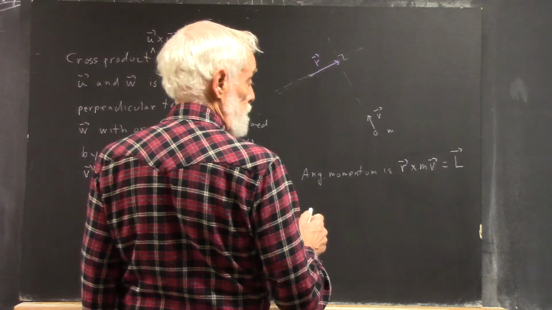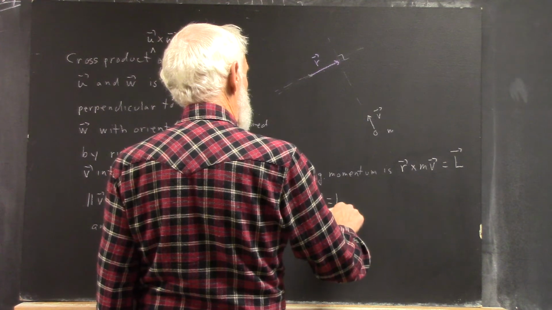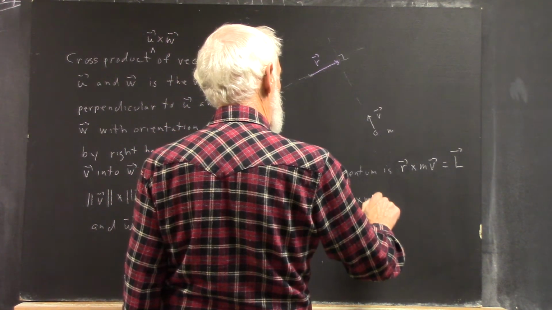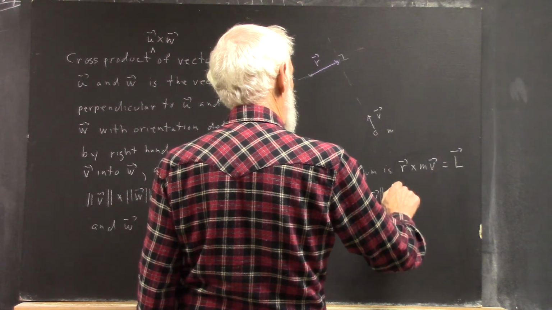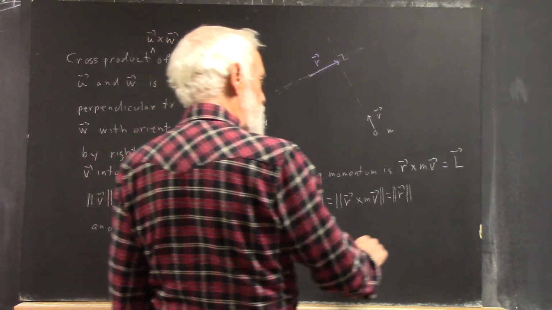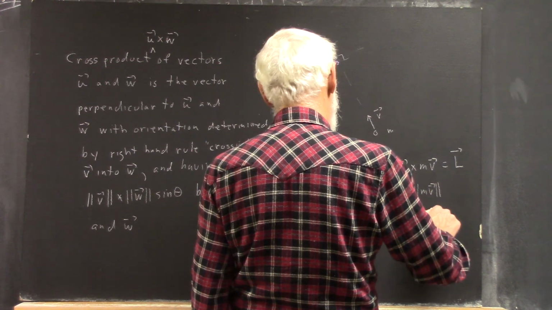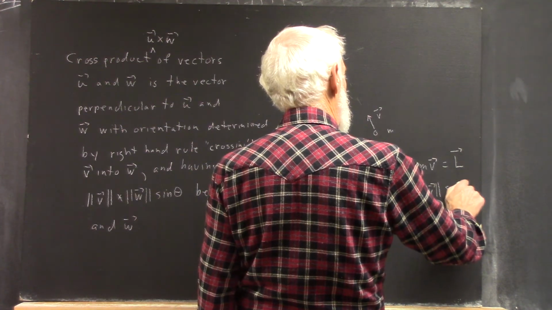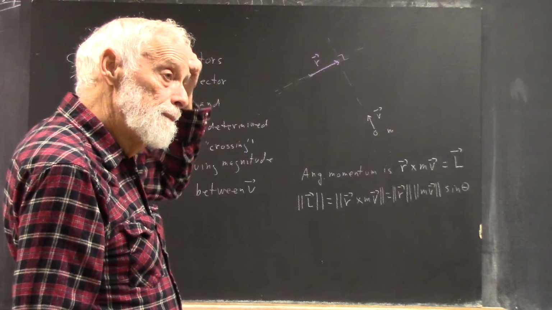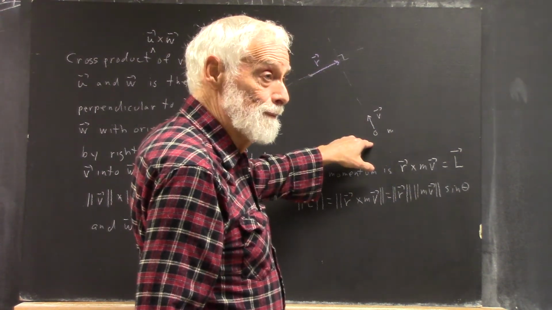So the magnitude of L is the magnitude of R cross MV, that's the magnitude of R times the magnitude of MV times the sine of theta, where theta is the angle between R and MV.